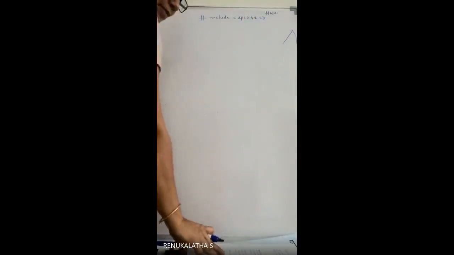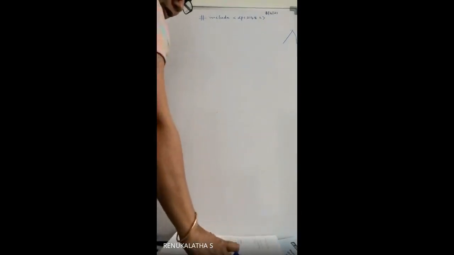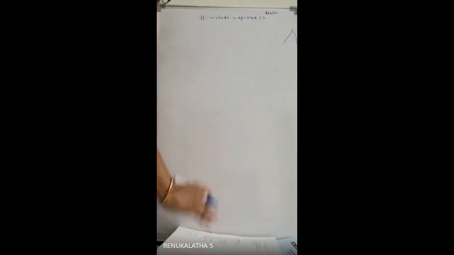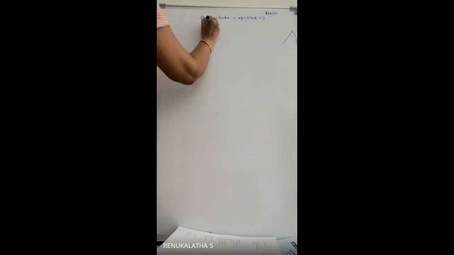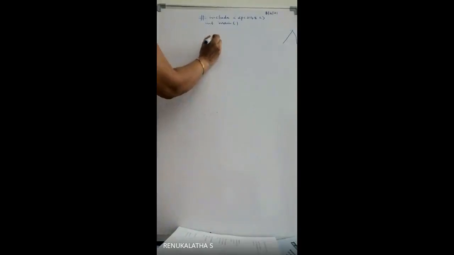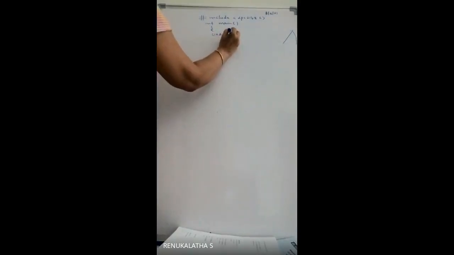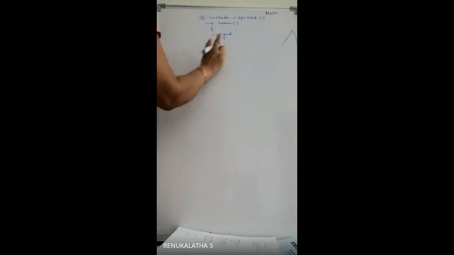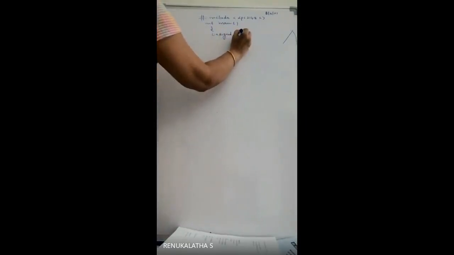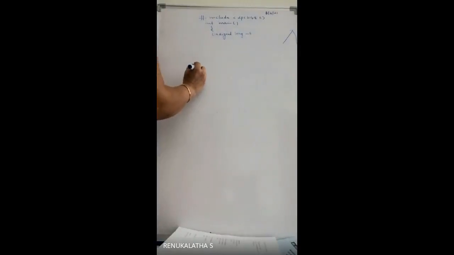Right. So now we have one temporary location also. Here you have declared; below this, you can declare the variables: unsigned long, and temp.